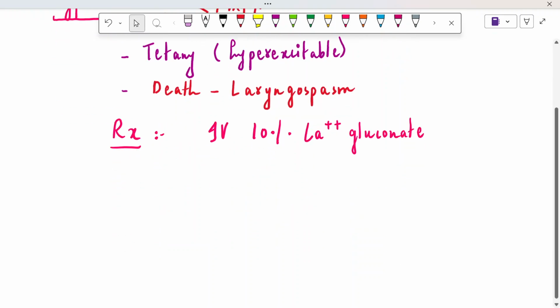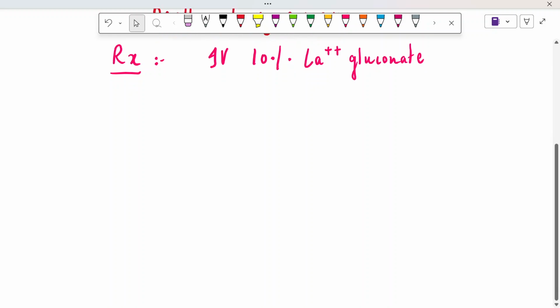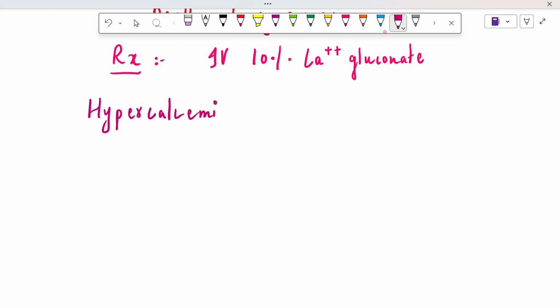So this was hypocalcemia. Let's talk about hypercalcemia. Hypercalcemia is the condition in which the calcium level of the blood rises to more than 13 milligram percent, or 13 milligram per deciliter, and this is also known as the hypercalcemic crisis.